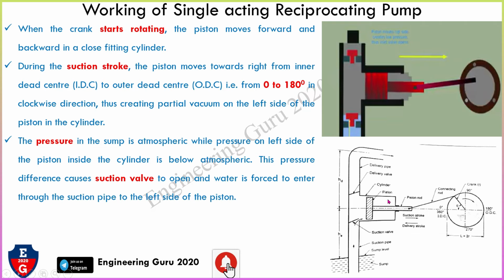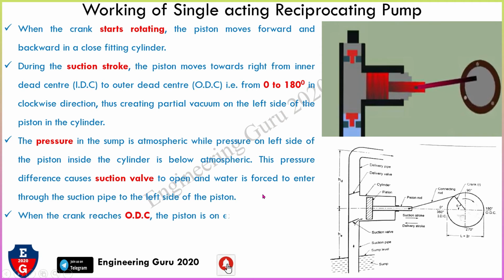The pressure inside the cylinder is below atmospheric and the sump pressure is atmospheric. So due to this difference the suction valve will be open and water is forced like this to enter through the suction pipe to the left side of the piston.